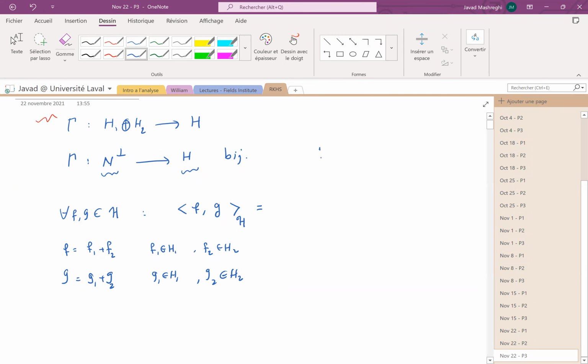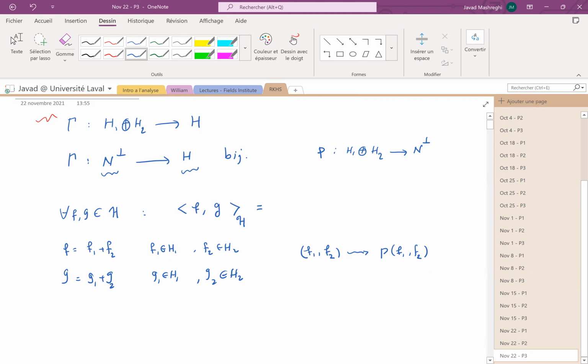Consider P to be the projection of H1 plus H2 onto N perp. So, for example, for F1 and F2, which is a pair representing F, possibly this is not the best one, but we can project it and obtain P of F1 and F2. That's possibly another pair, but it's the best one in terms of the definition of norm and inner product.